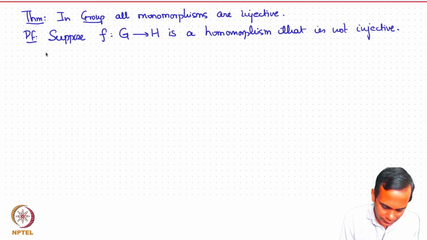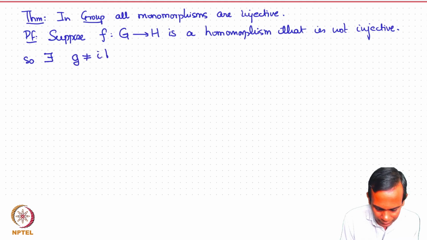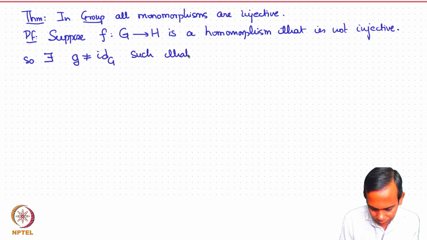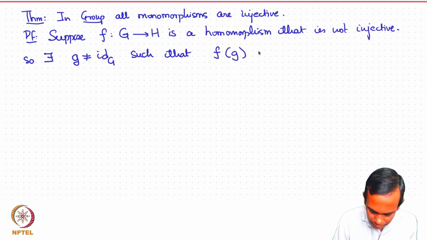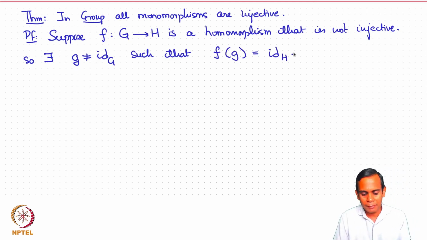So that means that there exists an element g in G which is different from the identity of G, such that f of g is equal to the identity of H. So there's a non-trivial element in the kernel of f.